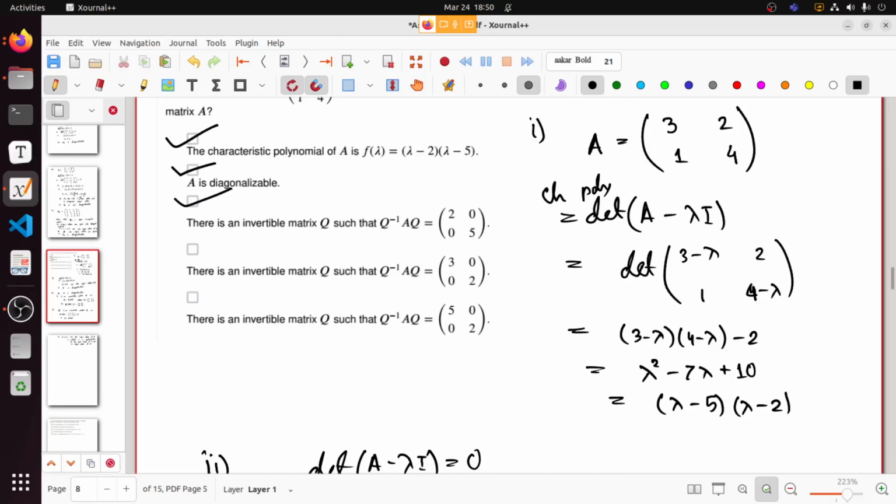There does not exist an invertible matrix which will satisfy this.